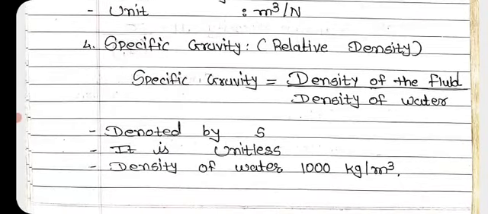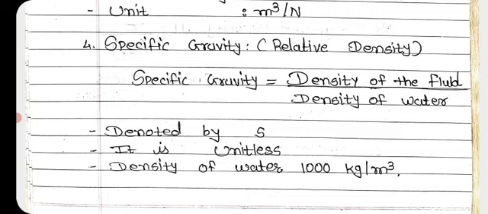Next important property is specific gravity, or we can say relative density. Specific gravity is very important property of fluid, which is useful to find out density of any fluid with the help of density of water. If we know specific gravity, we can easily find out the density of any fluid.